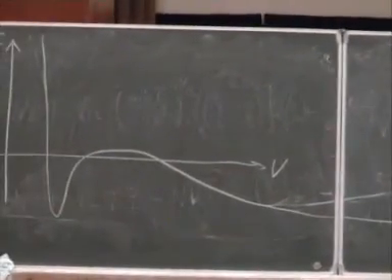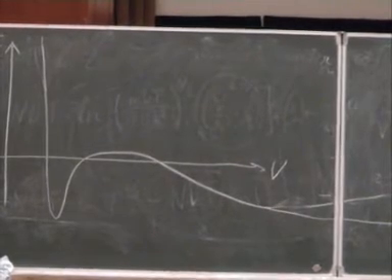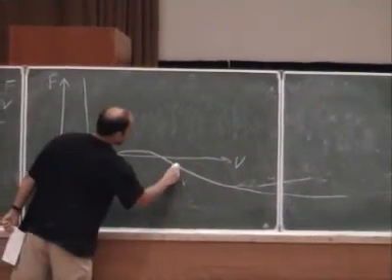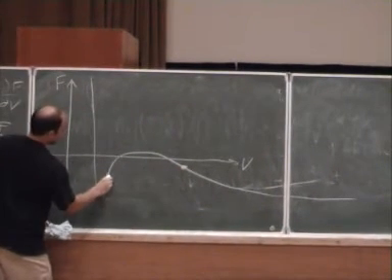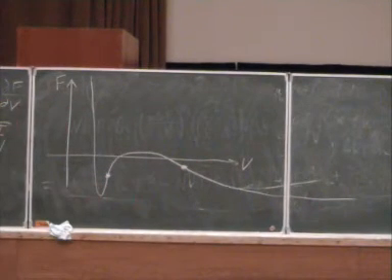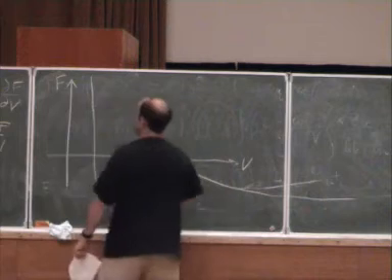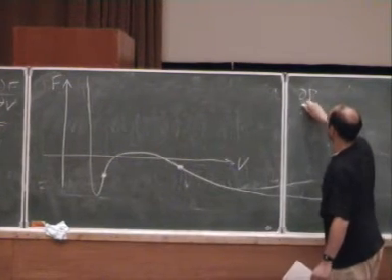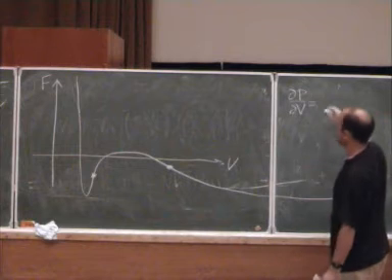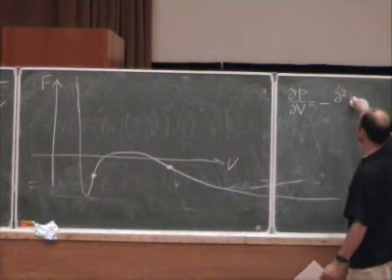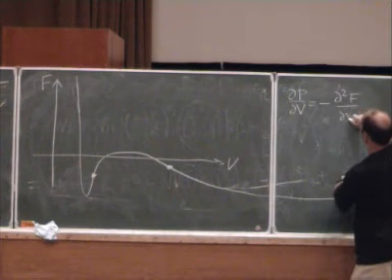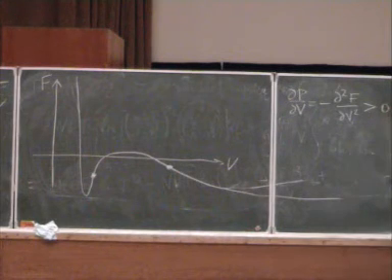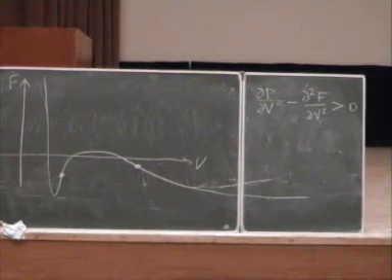When you look at this graph, you can immediately see that there is a problem, because there is a region where it is not convex. Between here and here, more or less, these are the inflection points. So here I have dp over dv, which is equal to minus d2f over dv2, positive. And last time I explained to you that this was a problem.